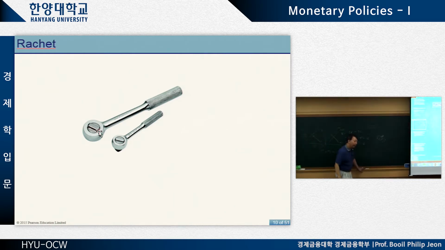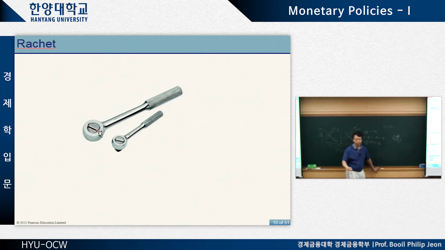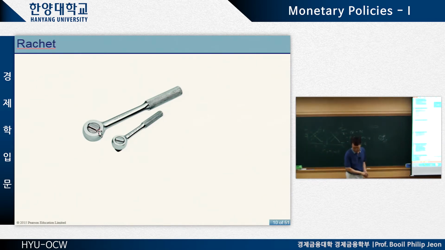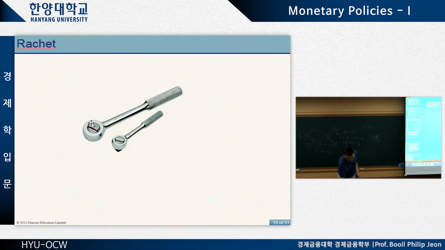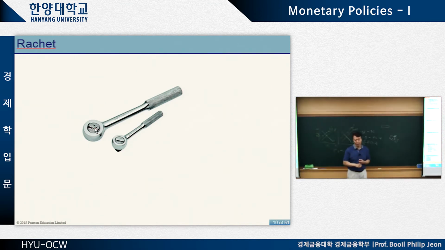So with this ratchet, you just do this, and it turns the bolt only one way. And if you want to loosen the bolt, you would turn this knob and it reverses the direction.